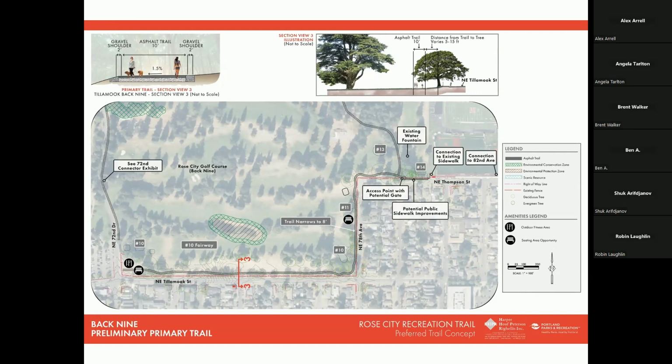They have a sort of a matrix or a way of calculating with different types of trails how far away from the tree's roots the trail needs to be. And that's the reason there's subtle jogs and twists and turns in the trail, so we can keep the trail out of those tree root protection zones.